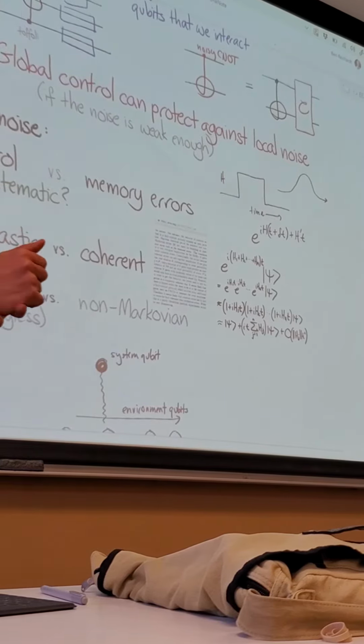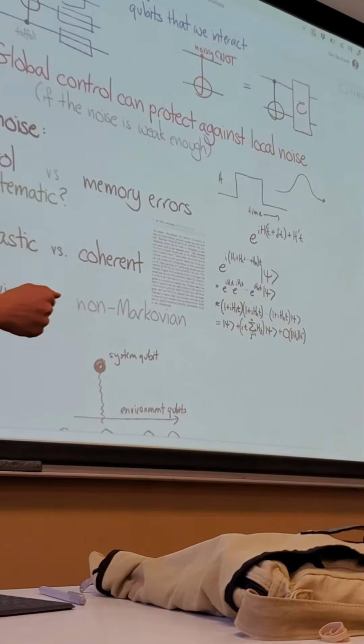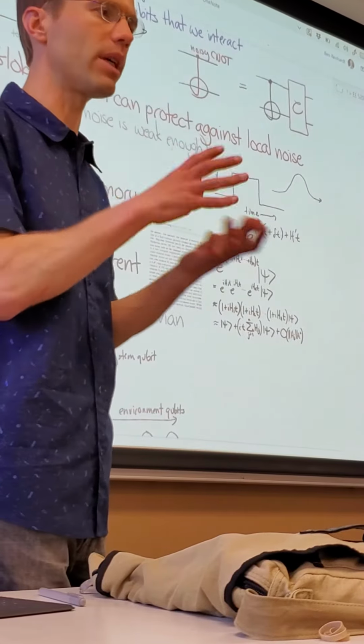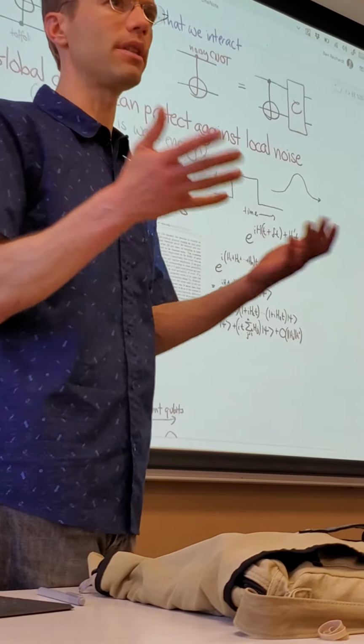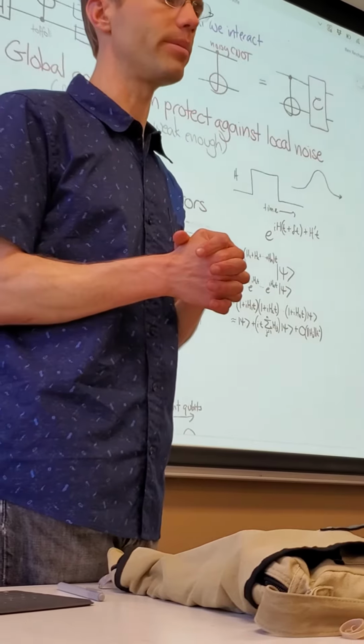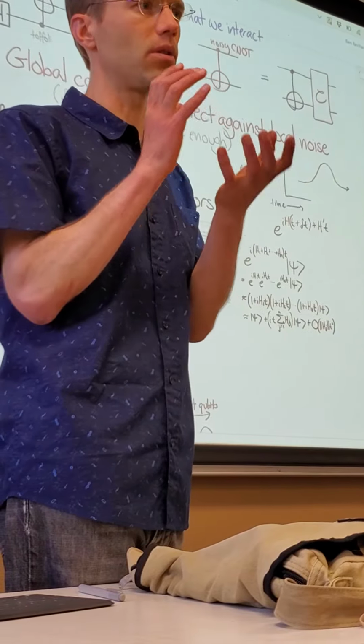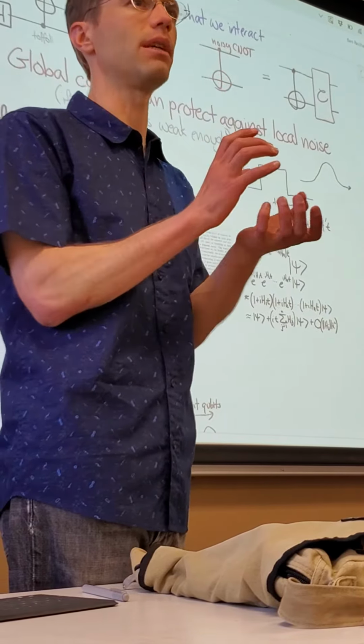That's the difference between systematic errors and stochastic errors. A stochastic error is something that's just random: it happens or it doesn't happen with some probability. A systematic error is one that's always there, and moreover, it's always the same.